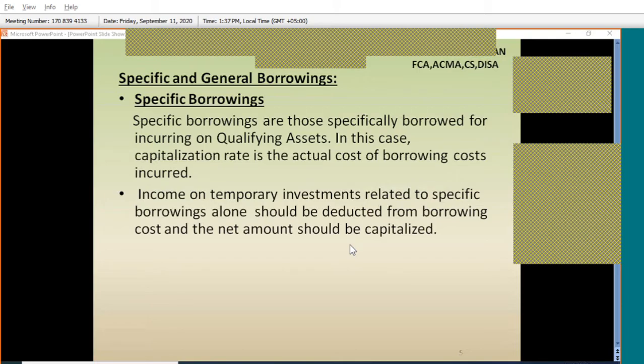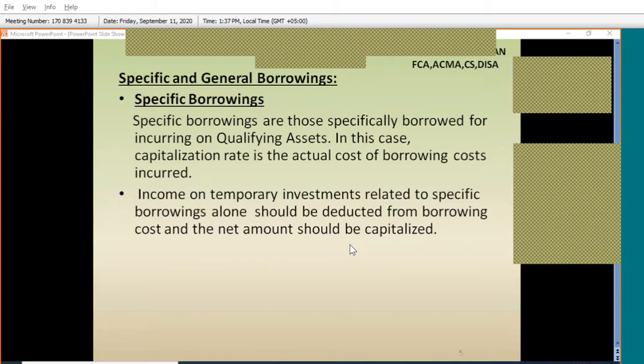Income on temporary investment related to specific borrowing alone should be deducted from the borrowing cost and the net amount should be capitalized. For example, 10 crore interest I am paying to my lender, and I got 1 crore of temporary income because I invested that money in a deposit. 10 crore I am paying to the lender, 1 crore temporary income I generated.